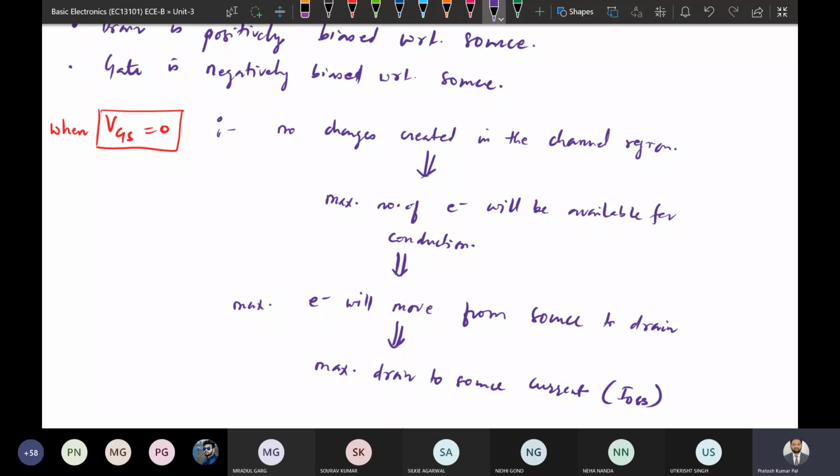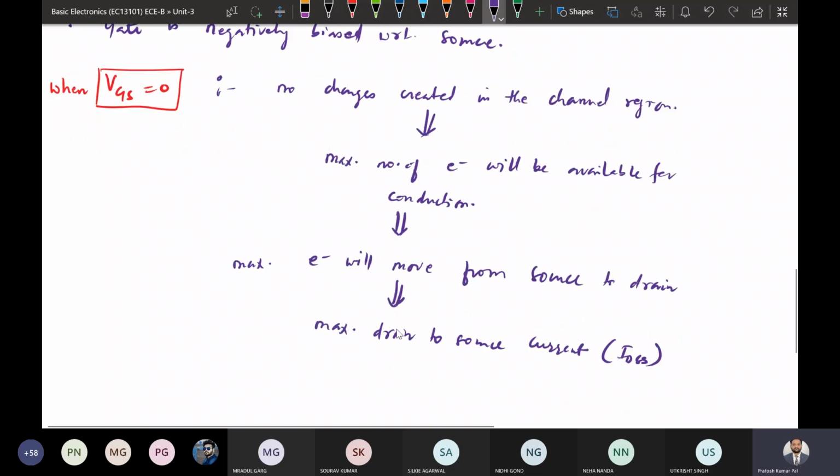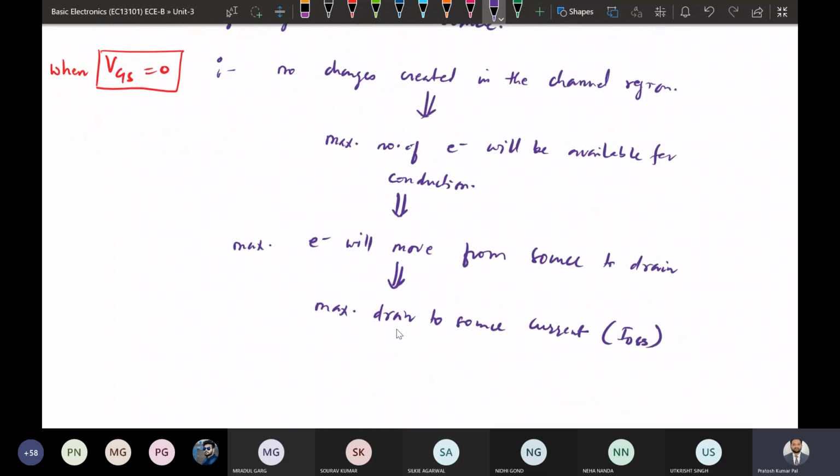So at the time when VGS equals 0, whatever current is flowing will be the maximum current. Okay, so this will be the maximum current. So ID will be the maximum drain to source current, or maximum drain to source saturation current, as we call it.